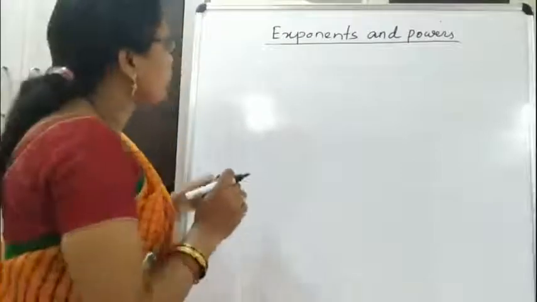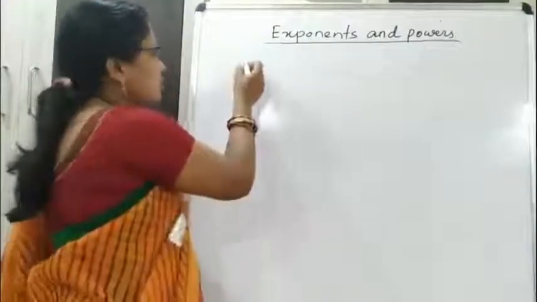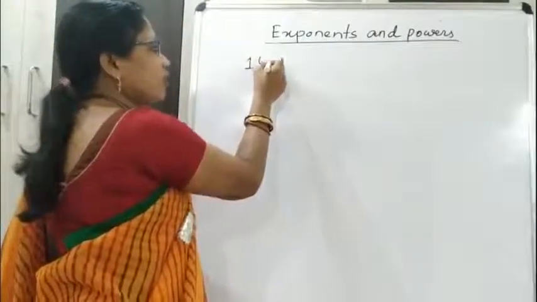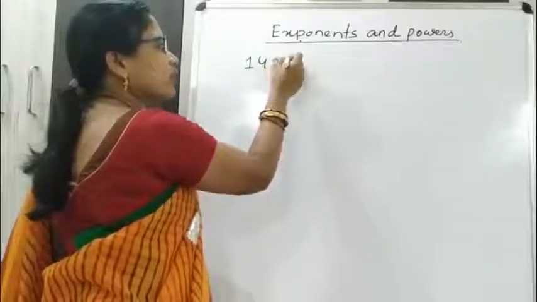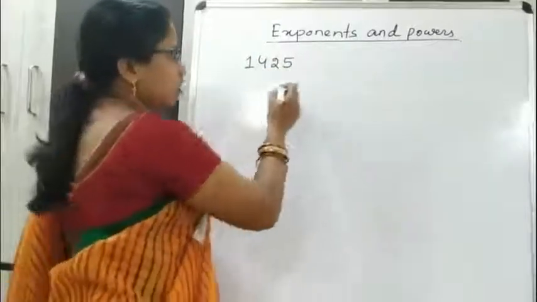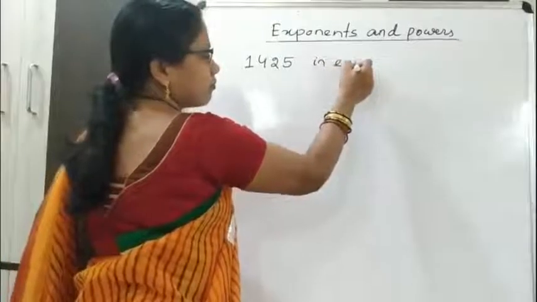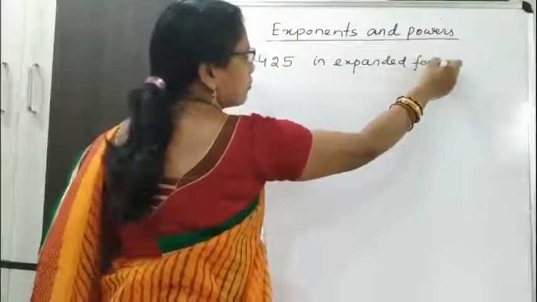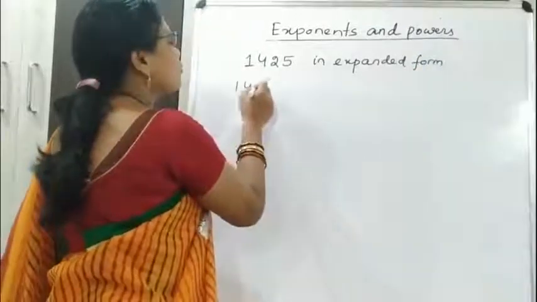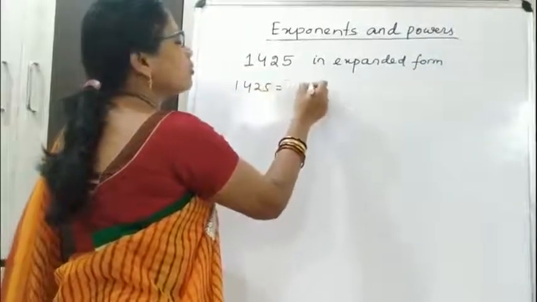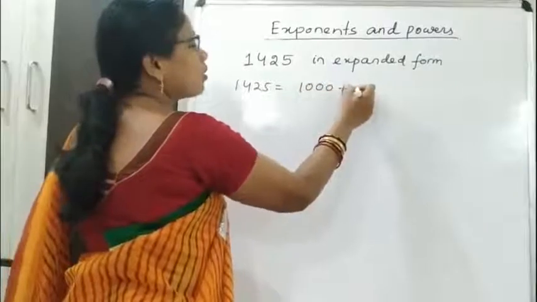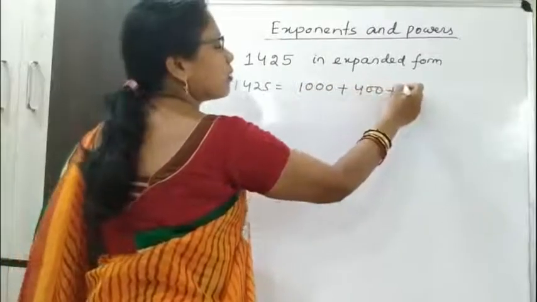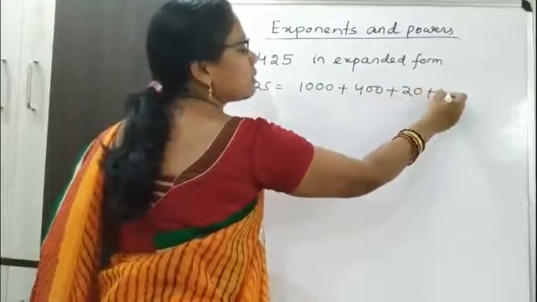So all of you know what is the expanded form of 1425. So in expanded form, 1425 is equal to 1000 plus 400 plus 20 plus 5.